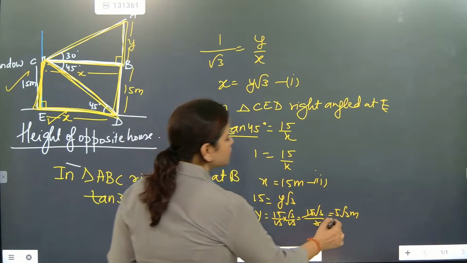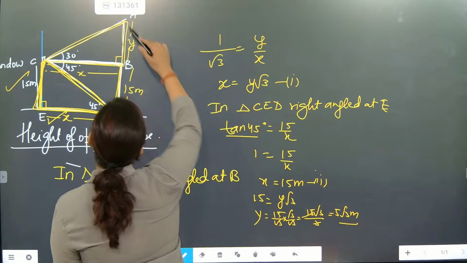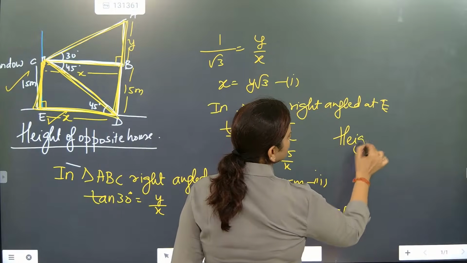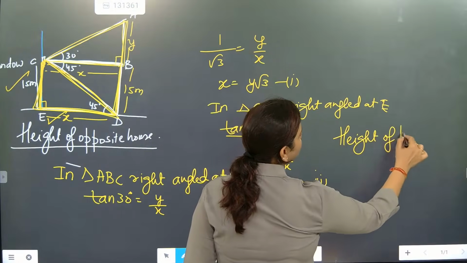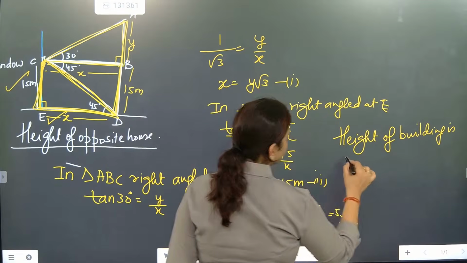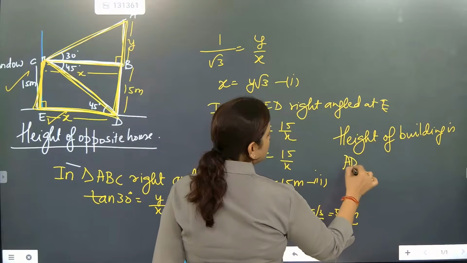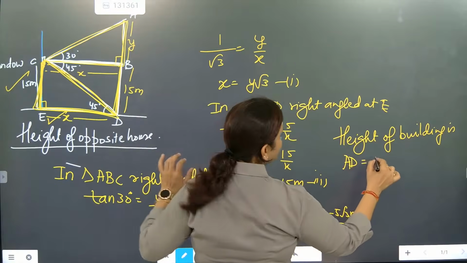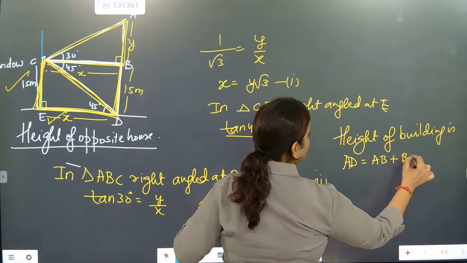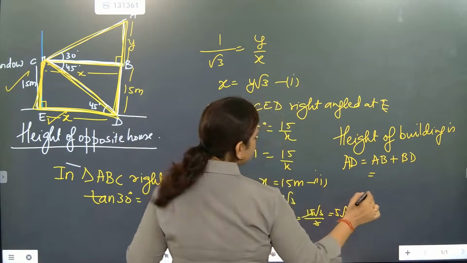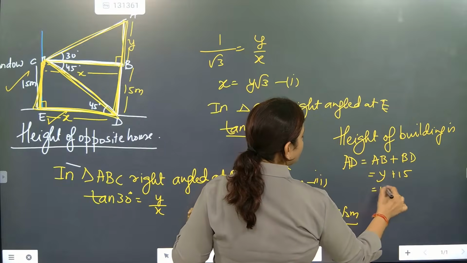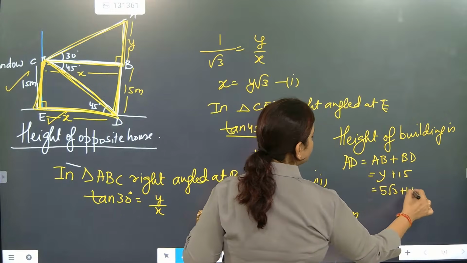Now what is the total distance? Total distance is AD, the height of the building. AD can be written as AB plus BD. AB is y, so y plus 15, 5 root 3 plus 15.